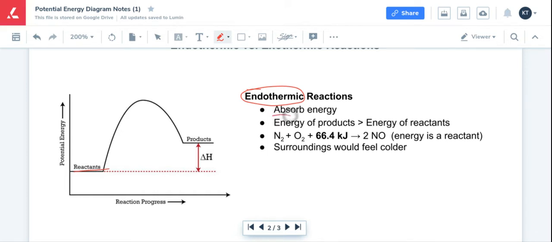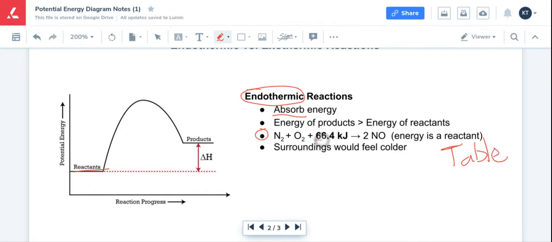A little review here: endothermic means that energy has been absorbed, so the products have a greater energy than the reactants. And here's an example of a reaction that's endothermic. This actually comes from Table I in your reference table. Table I is listing a bunch of different reactions, and then it gives the delta H values for those.